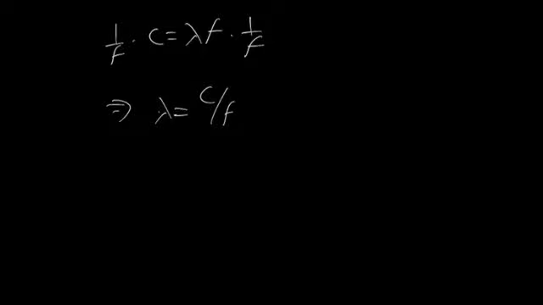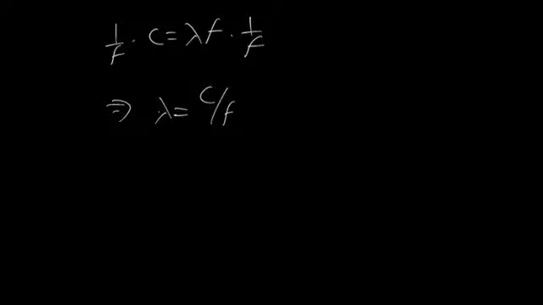Now that we have frequency, we use the equation C equals lambda times f and rearrange the equation by dividing by frequency on both sides, which gives us lambda equals C over f.